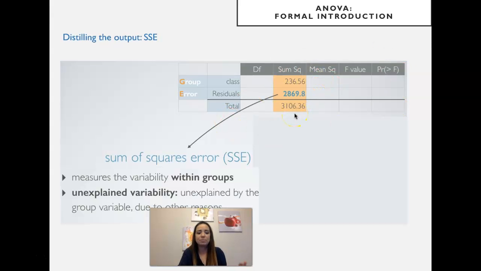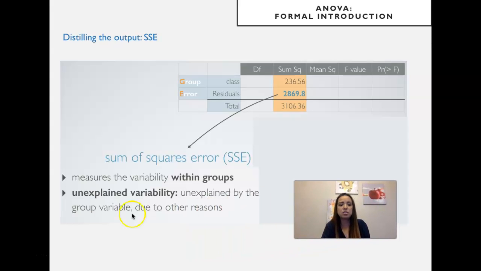Are we good? So just the difference. Sum of squares error measures the variability within the groups, the variability that happens regardless of whether you are in group A or B or C. So it's unexplained variability. It's variability that has nothing to do with the fact that you are in class A, B, C, or D.